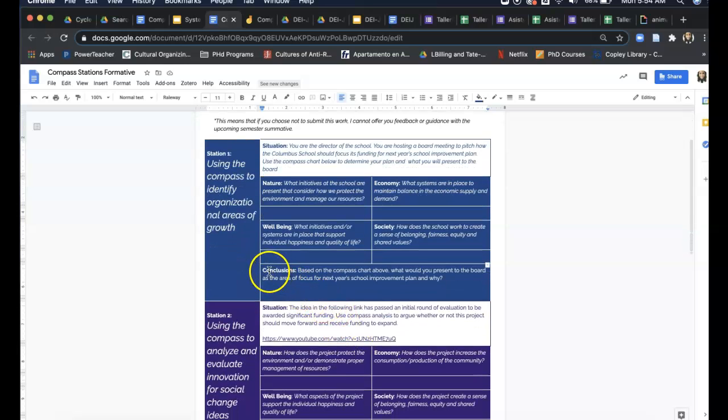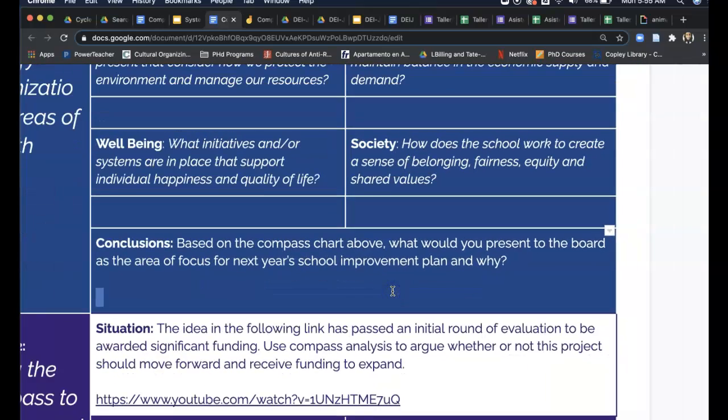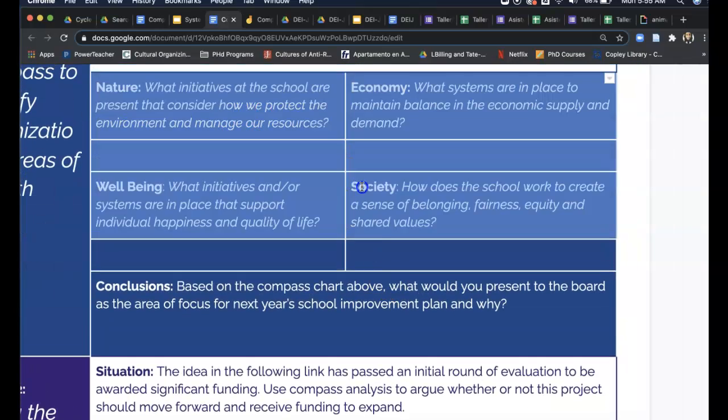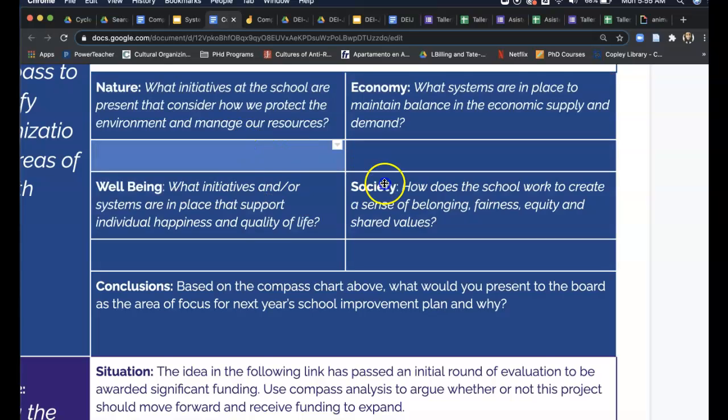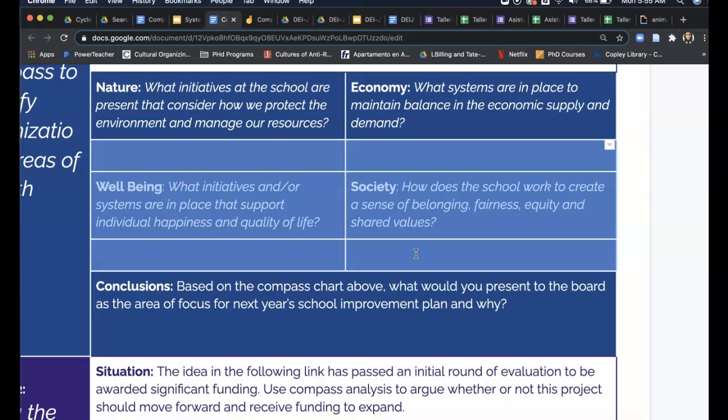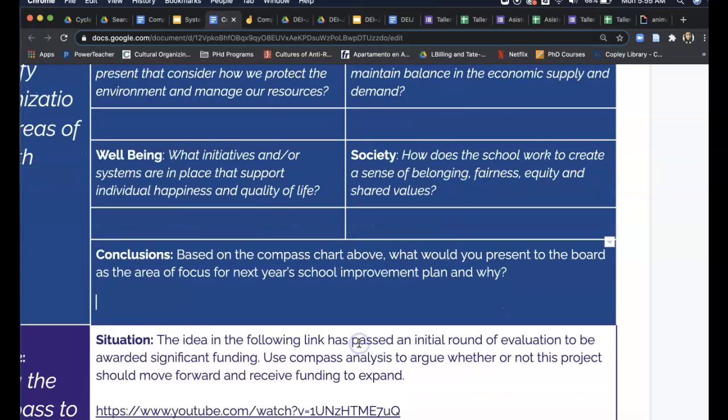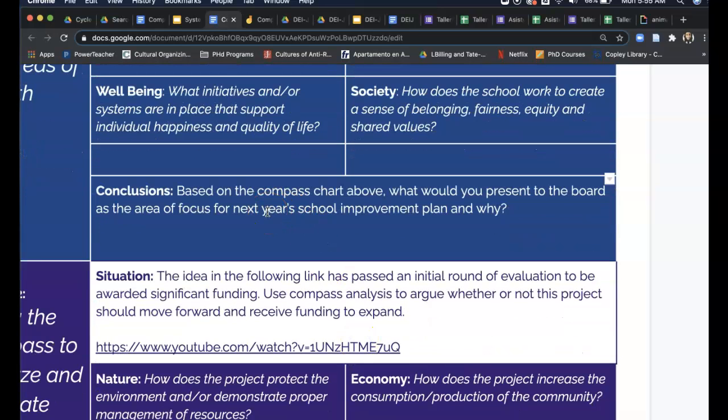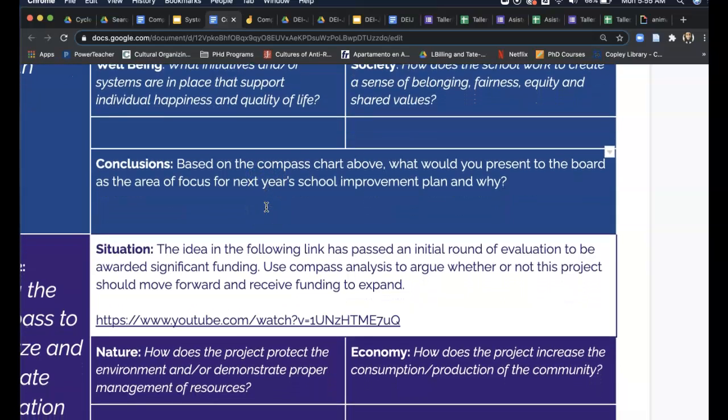Here in the conclusion box is where they're going to need to write complete sentences and structured ideas. So make that clear, like, folks, in each station, there's a compass. You're doing a compass process. In those boxes, you just need to be putting bullet points. You don't need to write complete sentences. Your conclusions are where you should have more structured ideas explained and why.